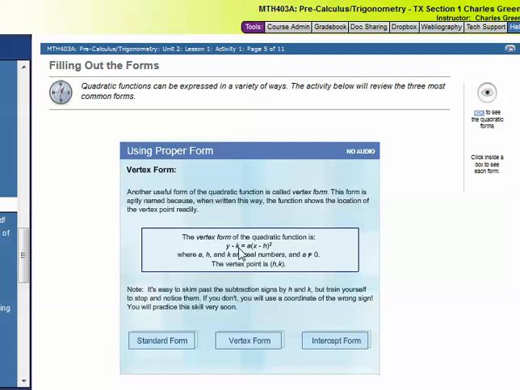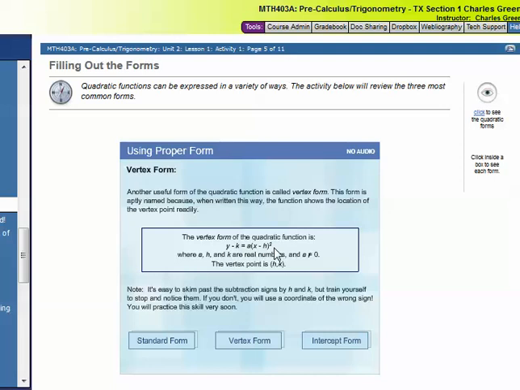It's pretty close to it anyway, but I could always square this out, multiply it times a, and add the k to the other side. Sometimes I'll get there, sometimes I won't. And then I'll find that point where it crosses the y-axis. Then I've got this, I've got that. I can just kind of sketch where it goes.